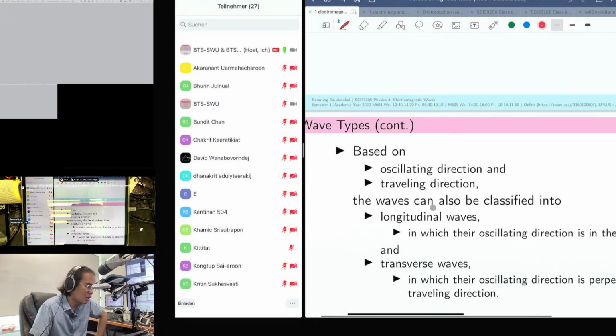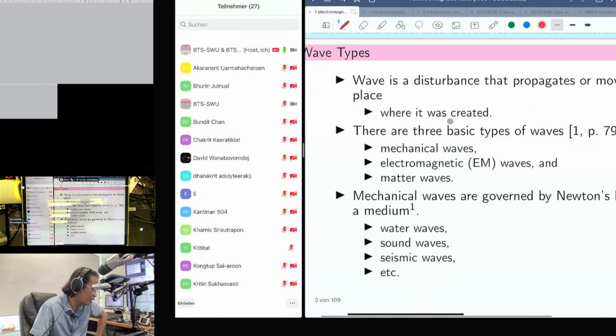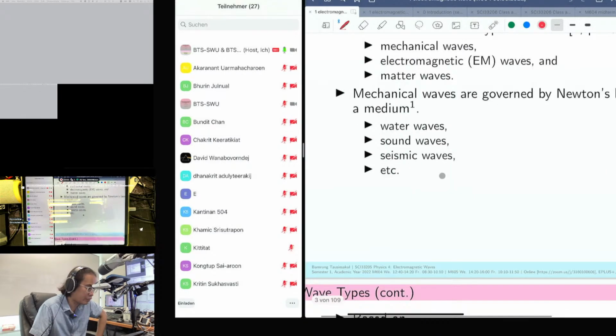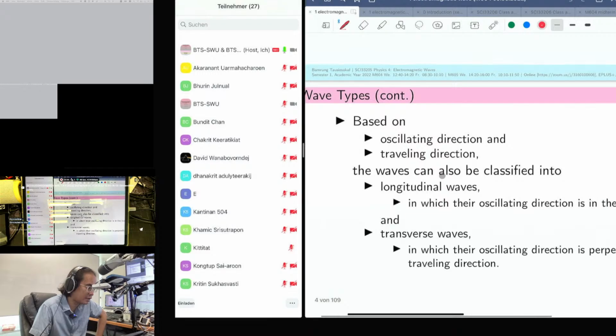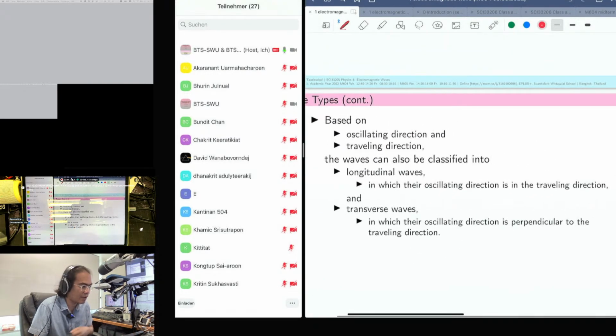that in all types of mechanical wave, the wave may be classified in different manners. For example, if the wave propagates in the same way as the vibration, it's called longitudinal wave.